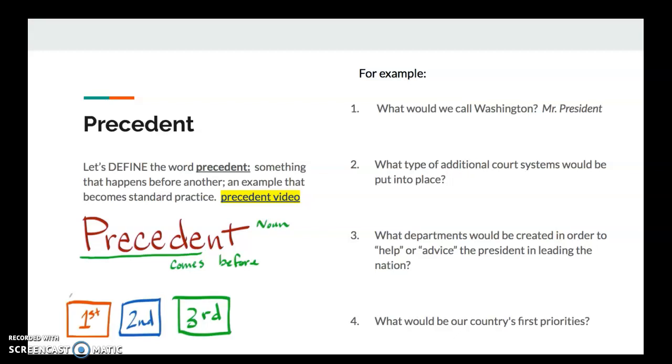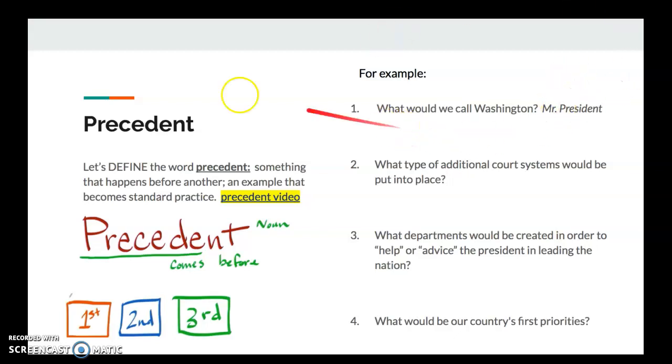Washington limited himself. He stopped after 2 terms because he was tired and he wanted to get back to Virginia, and that just became a precedent. After that, everybody until 1940, 160-some years later, just said, "Oh, Washington did 2 terms, I'm going to do 2 terms." So that was an example of a presidential precedent.